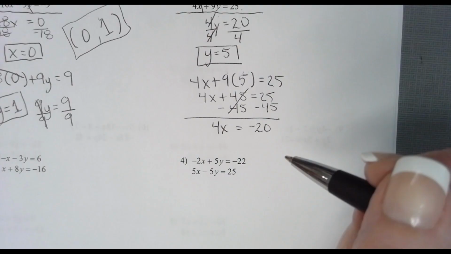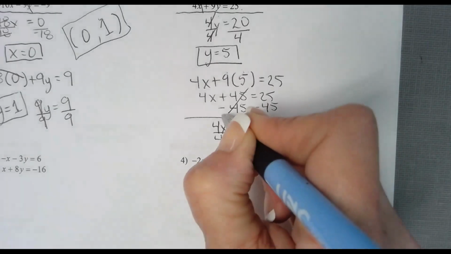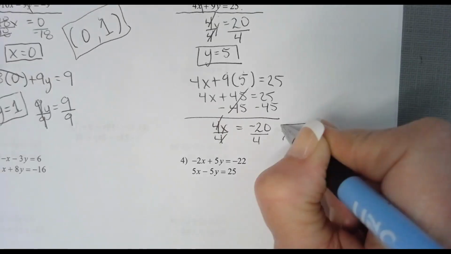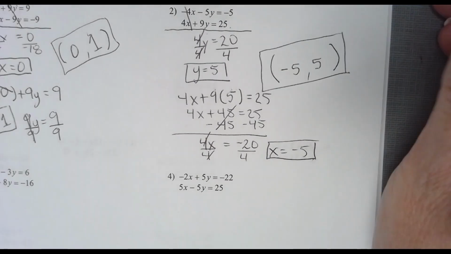What's my last step? Divide both sides by 4. Okay, so what do I get? Okay, and how do I write my answer? Ordered pair. Negative 5 is the x, it's got to go first. 5 is the y, it goes second.